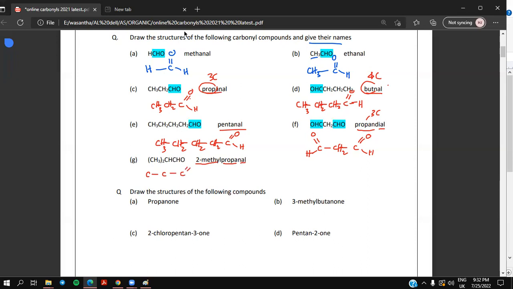Propanal means carbon double bond oxygen and hydrogen. 2-methyl means from the aldehyde functional group side, the second carbon. 1, 2, 3. 2-methyl means on the second carbon there's a CH3 group. And this is a CH3. There's a hydrogen atom. This is the structure for 2-methylpropanal.